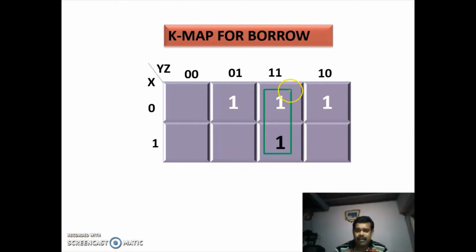The first pair gives the expression YZ. For this grouping, we considered these two rows; here you are having x, here x bar, here x. It is changing, so we can't consider it. So this is YZ.